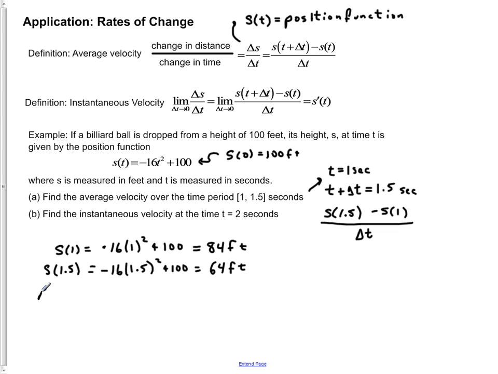And our change in time is equal to that difference in the time period of 1.5 to 1 second, which is 0.5 seconds, pardon me. And so our average velocity right here is going to be 84 minus 64 over delta t.